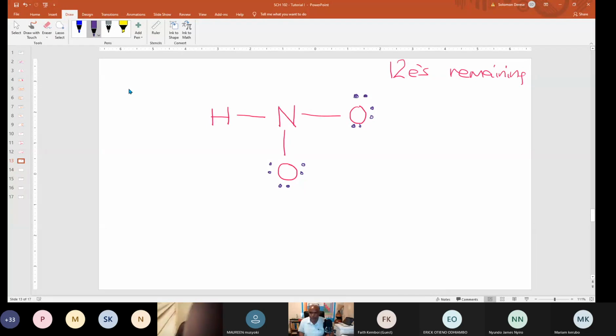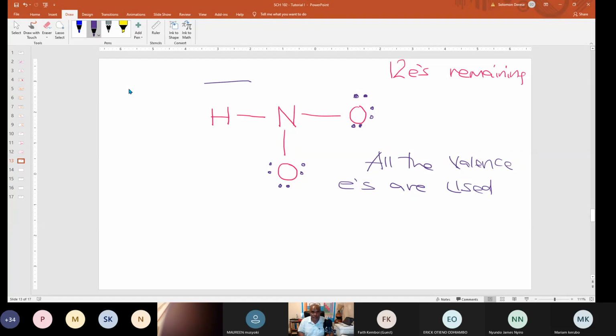All the valence electrons are used, isn't it? We had 18 electrons, 12 of them we use as lone pairs, and 6 of them used as bonding electrons. We have used all the 18 electrons.